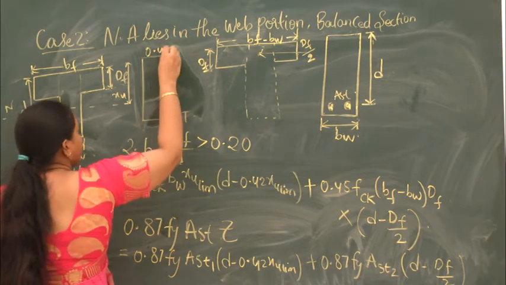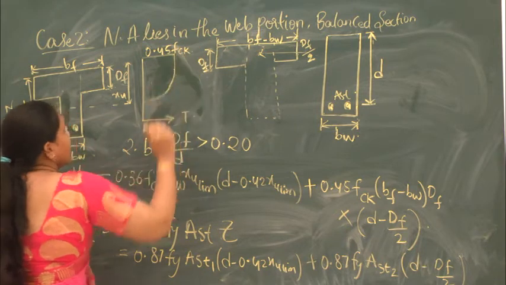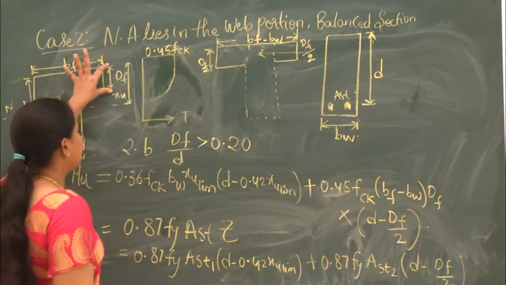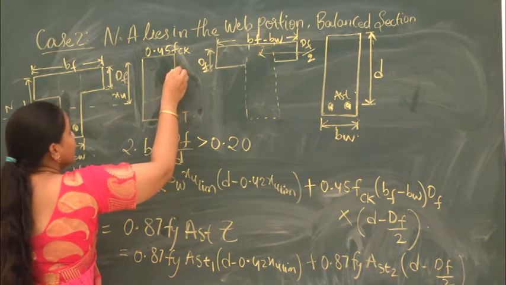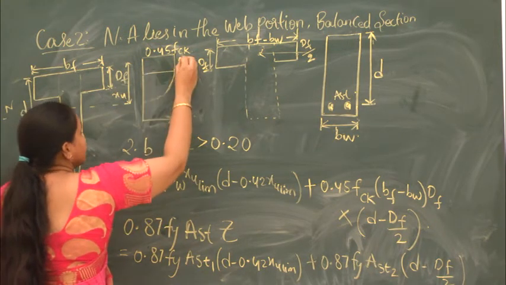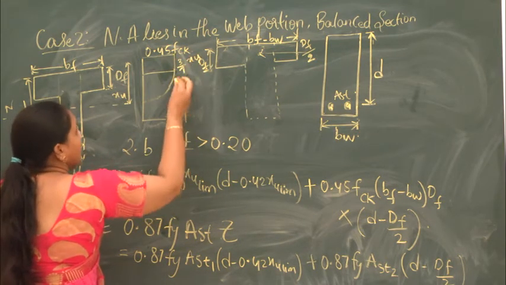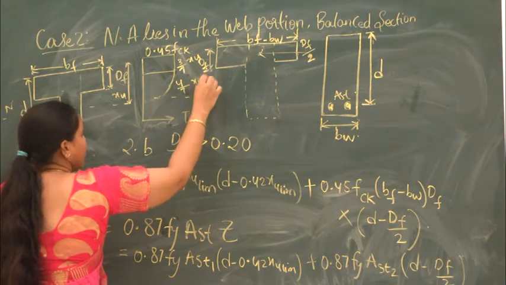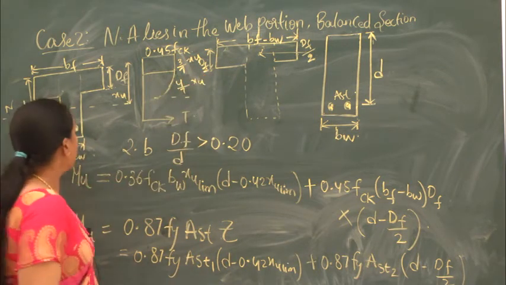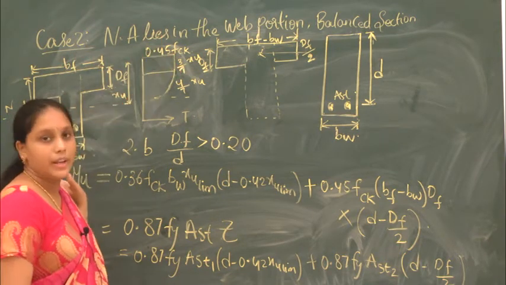So the stress here will be 0.45 fck. Now Df is greater than this distance, that is 3/7 Xu, and this distance is 4/7 Xu.